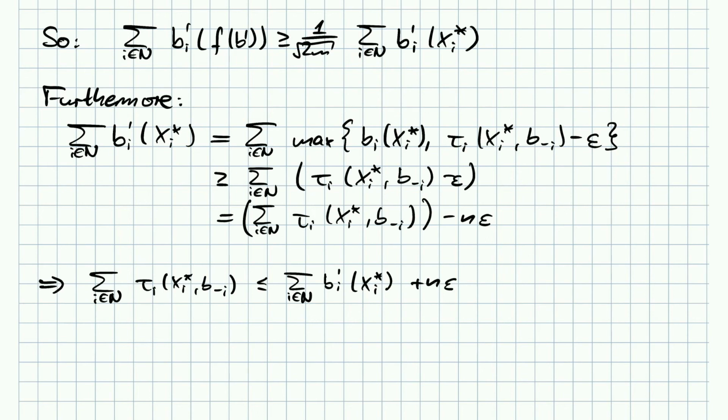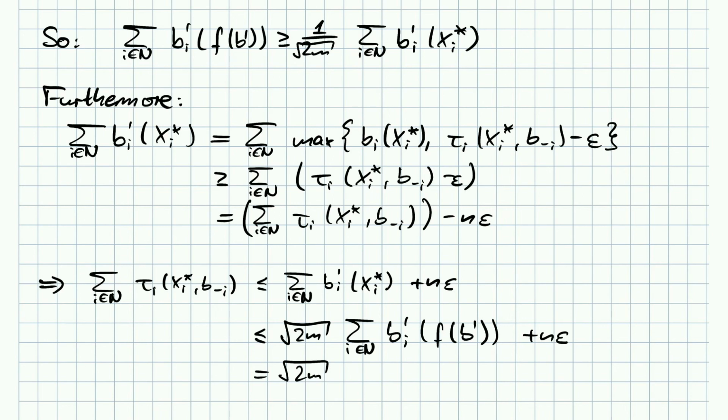This sum, as we see, will be at most square root of 2m times the declared welfare on b prime. And this, as we've seen, is exactly equal to the declared welfare on b.